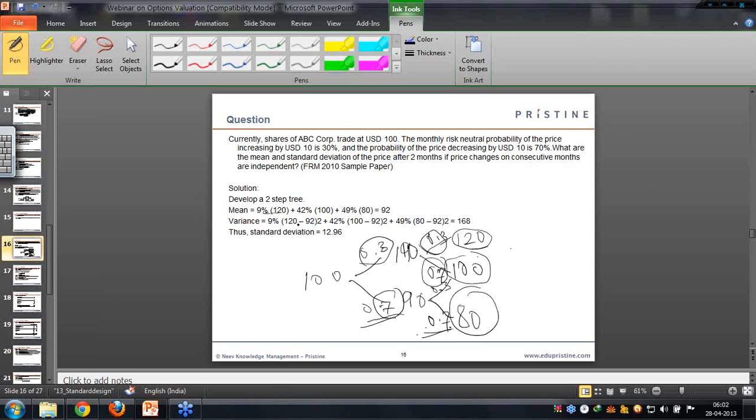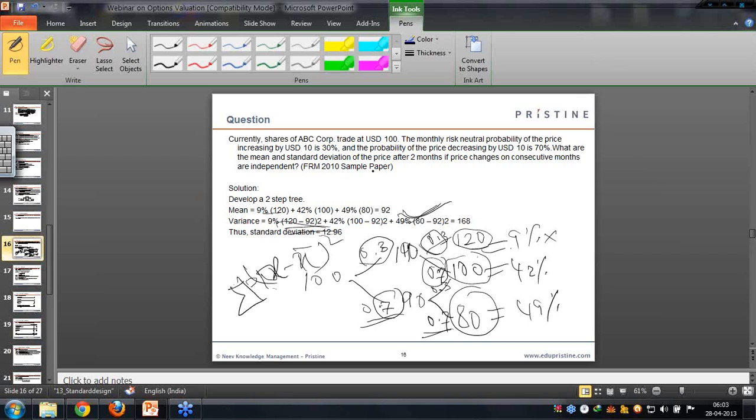So the mean can be simply calculated using 9% into 120, 42% into 100, 49% into 80, and the variance is x minus x bar whole square into p, summed up. Standard deviation and mean are 92 and 12.96.